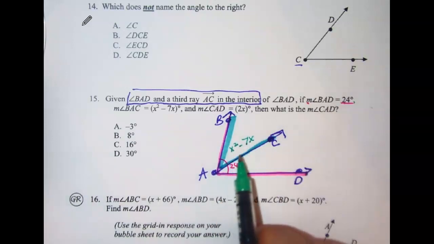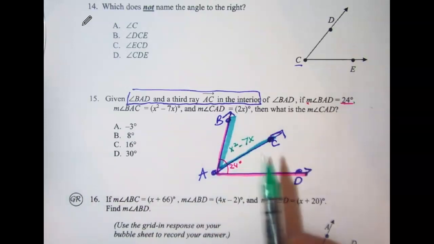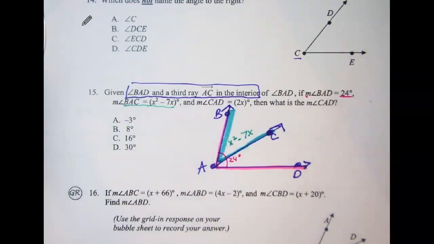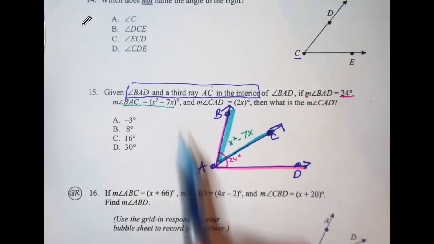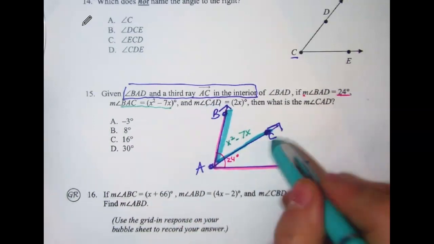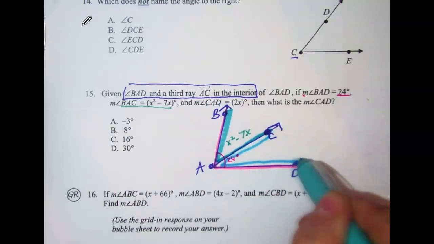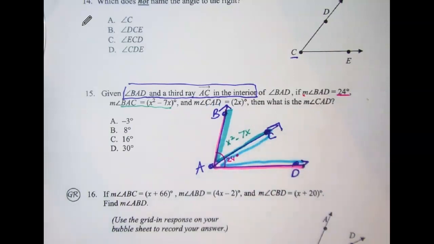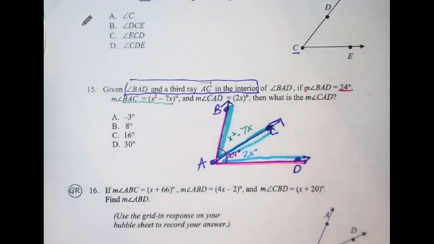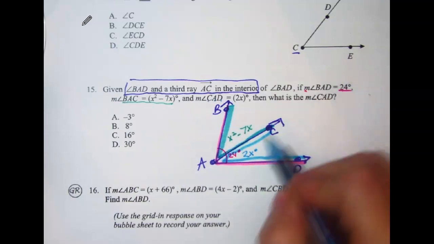We know right away this is going to be one where we factor because we have the x squared, but we're just labeling right now. That's why the picture helps. And then it also says the measure of CAD. That's going to be the last measure in there. So that one's right here, CAD. That's the inside one. That one here is 2x, or 2 times x. Then what is the measure of CAD?